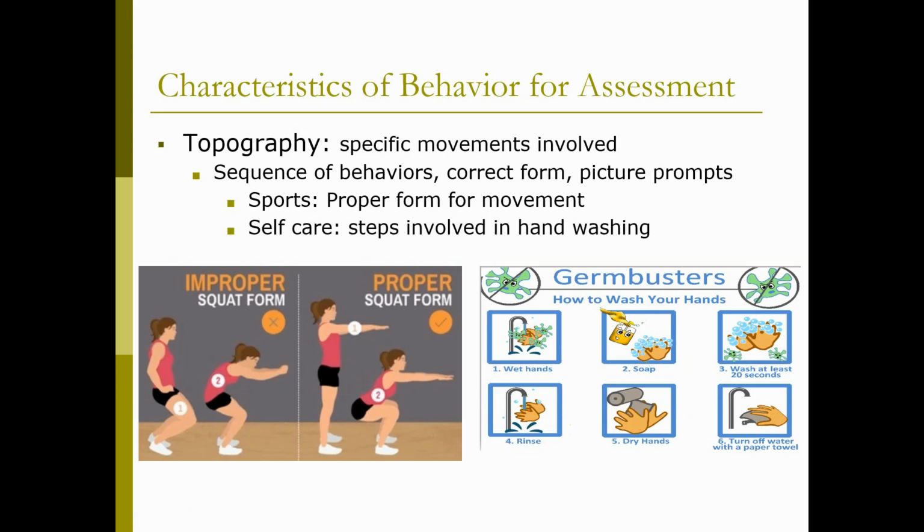So working with a child or working with an individual with an intellectual disability, these steps might be laid out, and somebody observing might be tracking, is this individual making these specific sets of behaviors, this specific sequence, in the correct order. So that's topography.